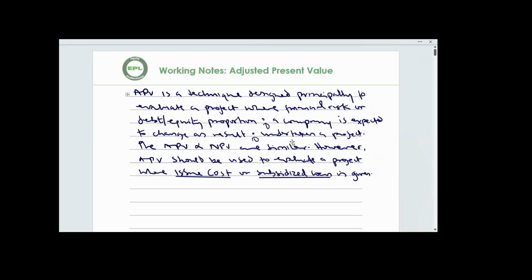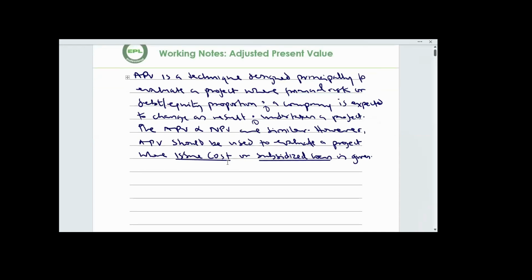The method you are going to use to appraise the project is implied in the question. So once you can see issue cost or subsidized loan or subsidy, then you should know that this is adjusted present value. Okay, so that's the only thing that differentiates APV from net present value. Issue cost or subsidized loan is the one that differentiates APV from NPV.